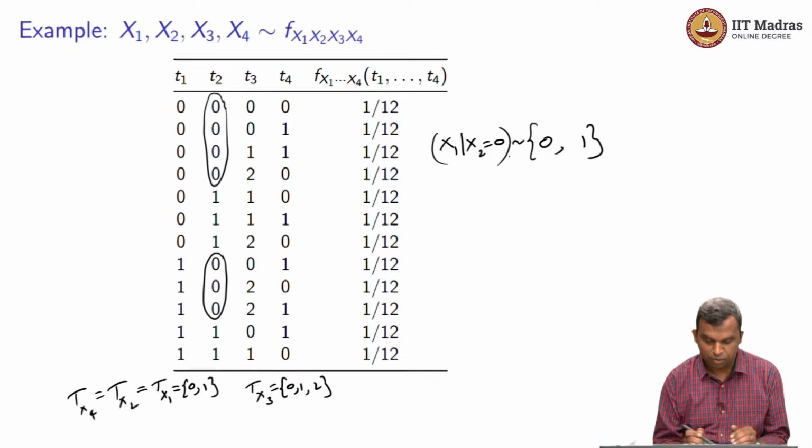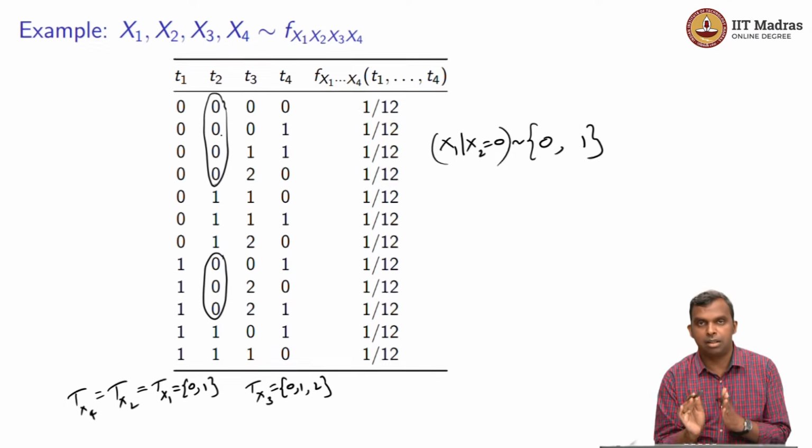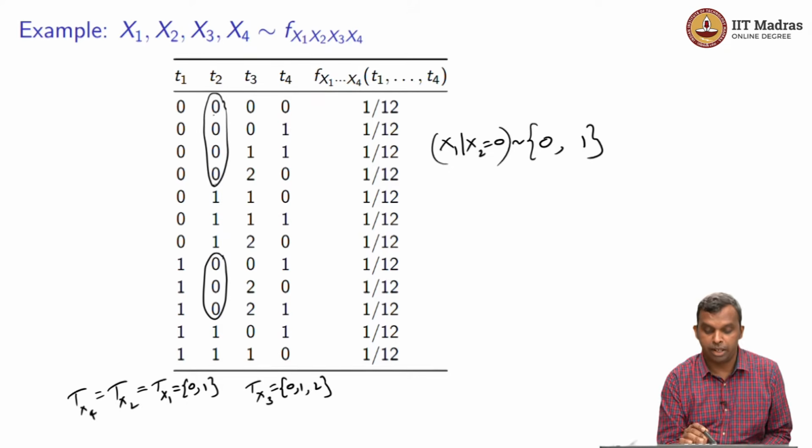You identified the overall range, that's okay, but for a particular conditioning you identify the range of that object by focusing on what you've conditioned on. This is x2 equals 0, and then see what values x1 takes in that situation. When x2 is 0, x1 can take value 0 and it can also take value 1.